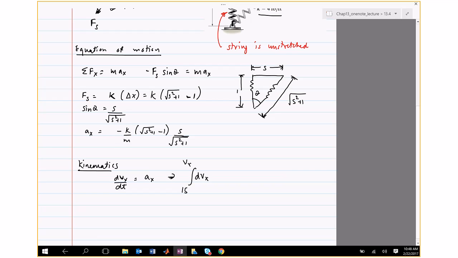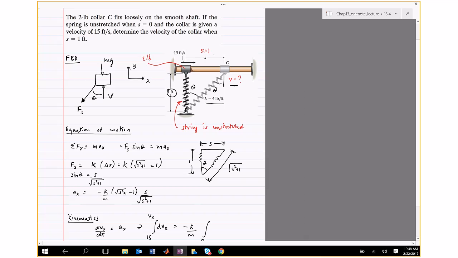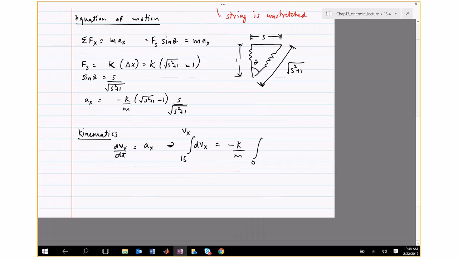The final velocity is asked, so that's an unknown, equals the acceleration, which is this thing here, k divided by m. The integral goes from 0 because the initial s distance is 0, all the way to s equals, I think it's 1 foot, times square root of s squared plus 1 minus 1 times s divided by square root of s squared plus 1.